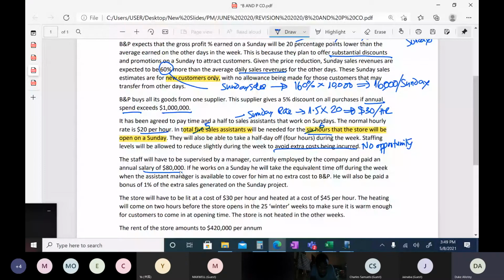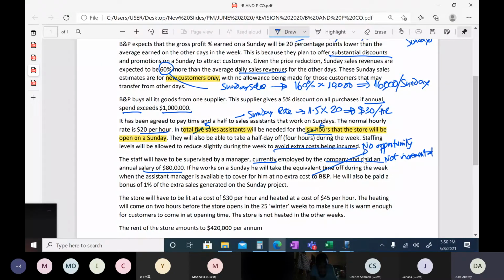Now, annual salary of 80,000 will mean that that salary is, call it a fixed cost or not incremental, if you want to look at it, meaning that this cost will be incurred whether we open on Sunday or not, because it says currently. Now, if he works on Sunday, he will take an equivalent time off during the week when an assistant manager is available to cover him at no extra cost. Again, no opportunity cost there.